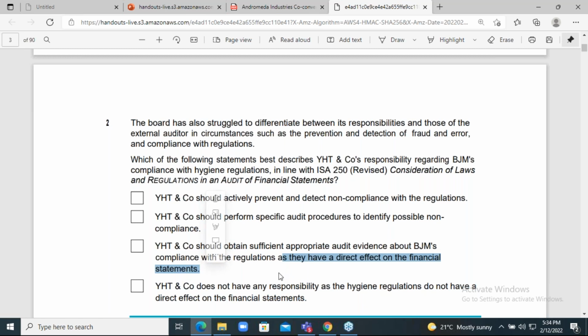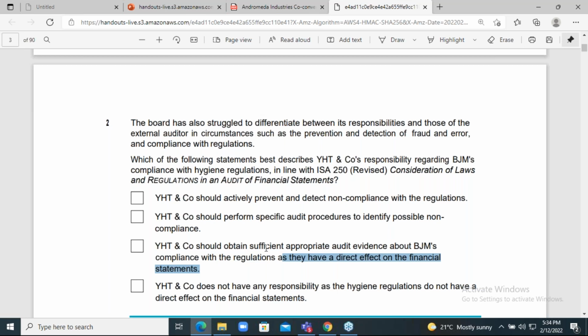Now what happens? What does a student do? The student just starts reading that the auditor should obtain sufficient and proper evidence. Now he will think, okay, these words are very familiar. Sufficient and appropriate evidence. Oh, my mentor has discussed these words many times during the classes. So this is correct.